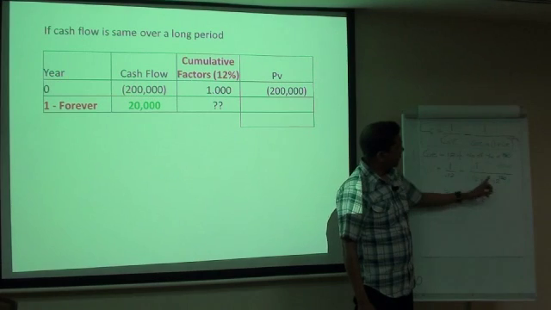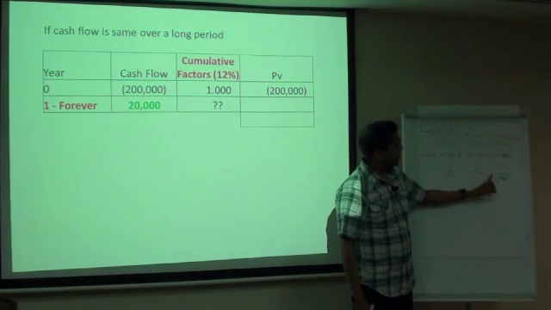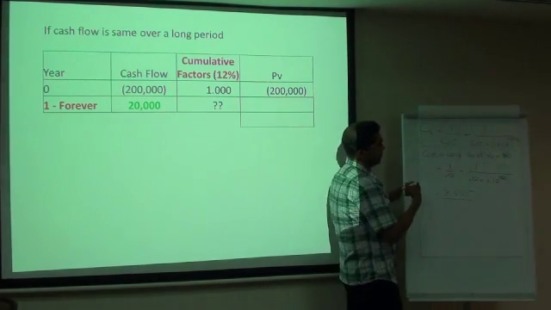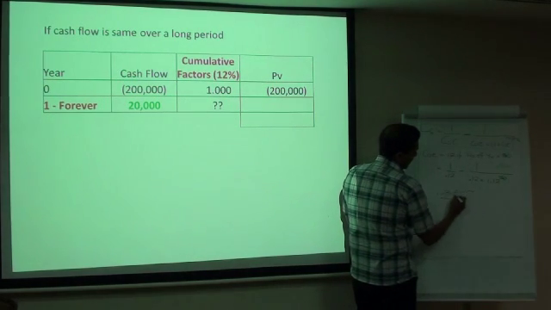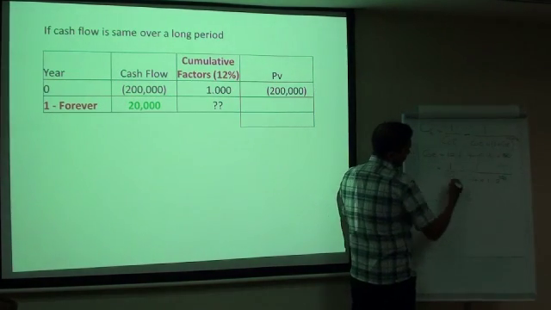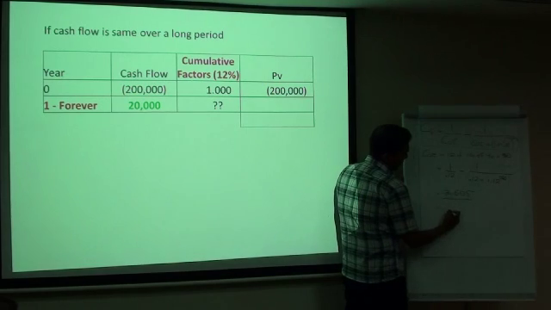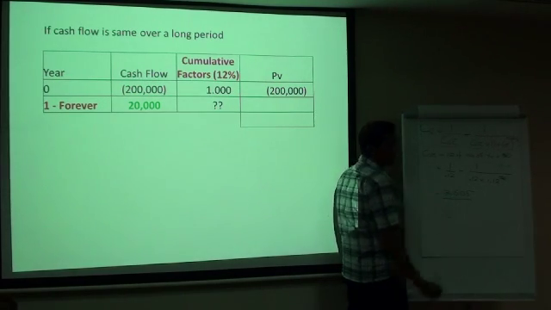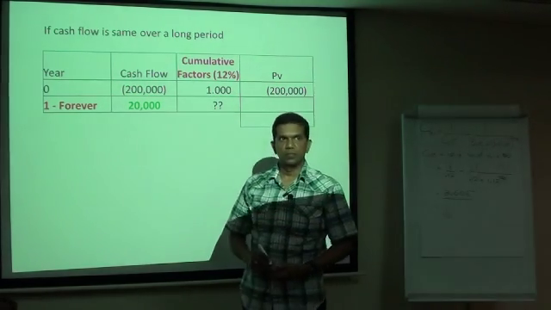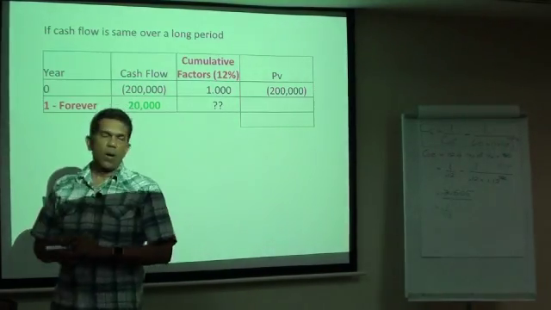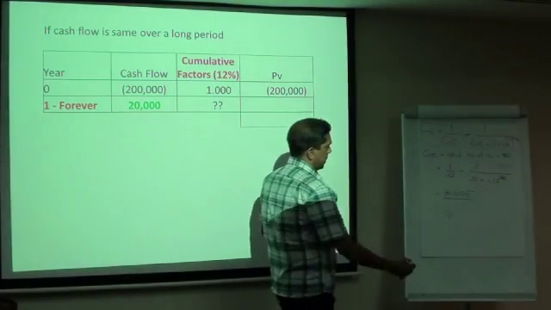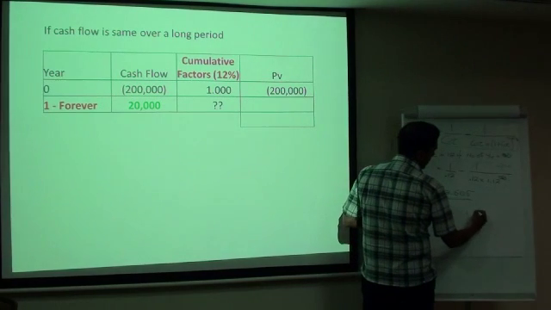Infinity multiplied by any number is infinity. 1 divided by infinity is 0. So this whole section becomes 0. And what is left would be 1 divided by 0.12. And 1 divided by 0.12 is 8.33.